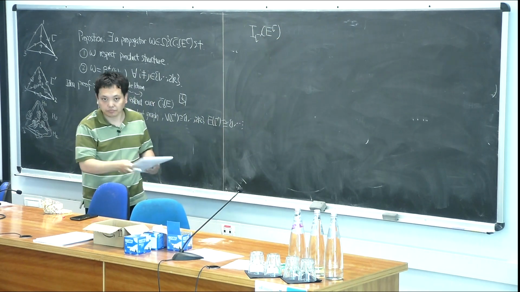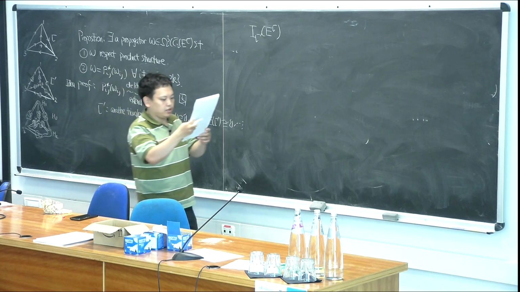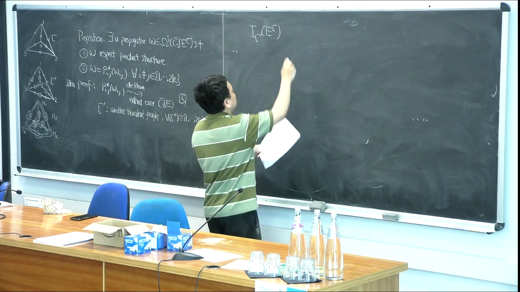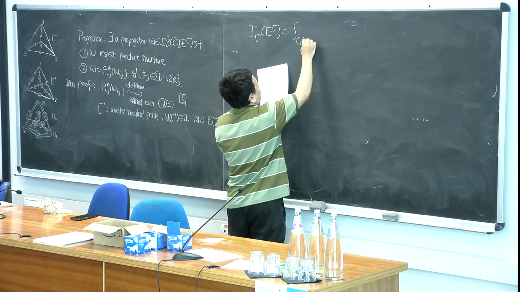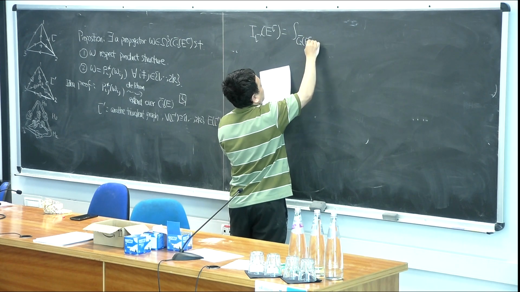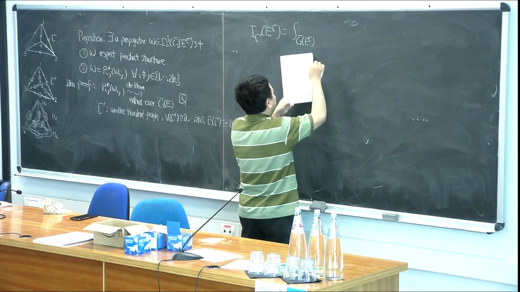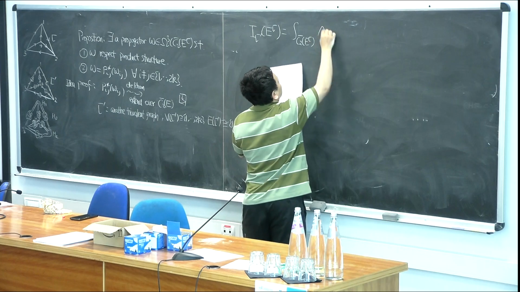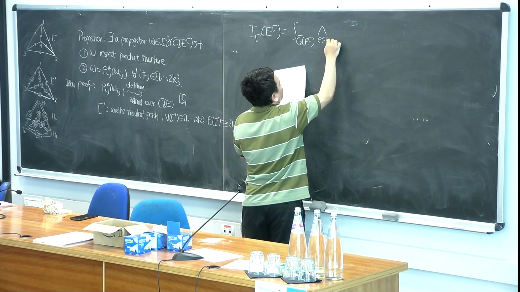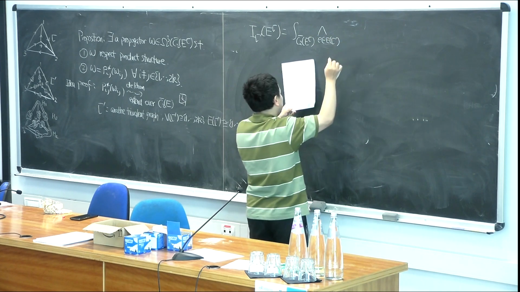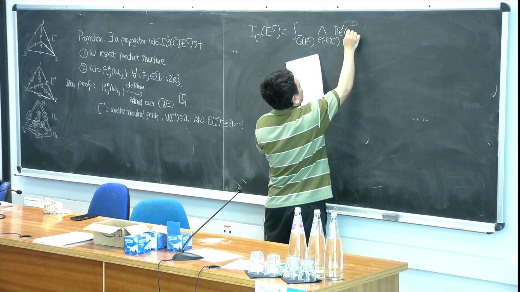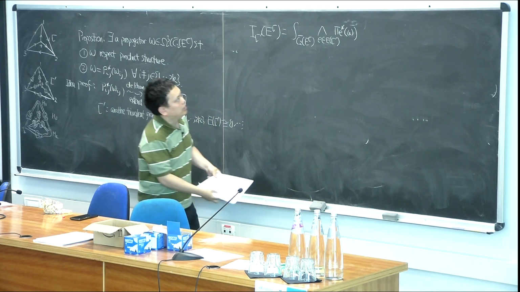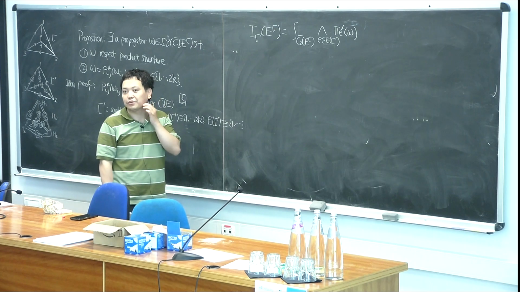This is just the integration over C2 bar E gamma of this gamma prime pi E star omega. This is the configuration space integral.